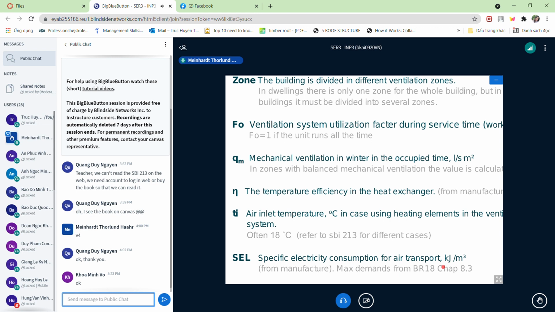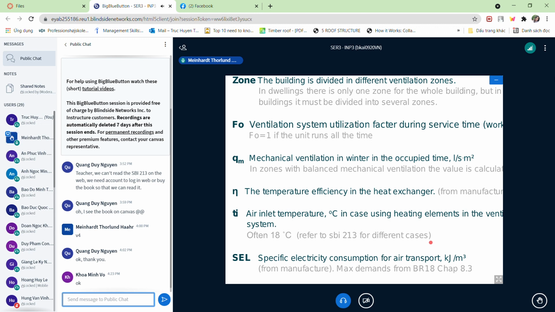Kilojoules is a unit for energy, per cubic meter of air. So this number explains how many kilojoules the ventilation system uses for each cubic meter of fresh air that comes from the outside of the building to the inside.